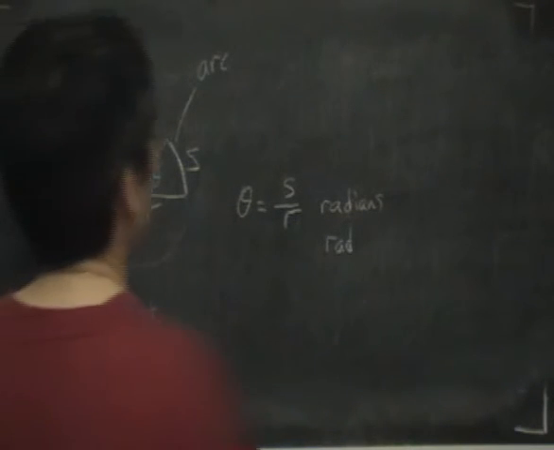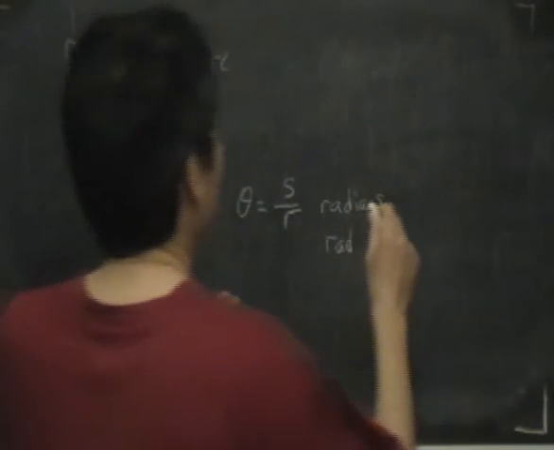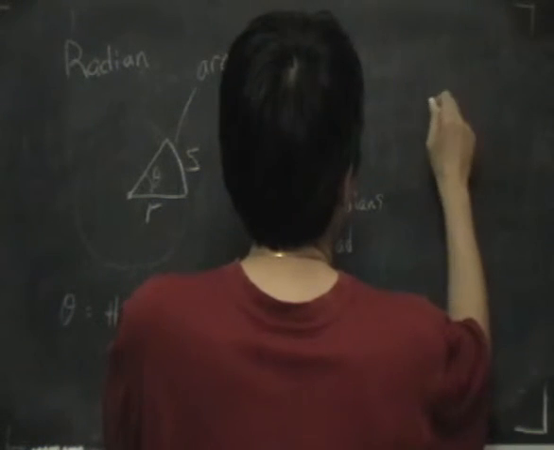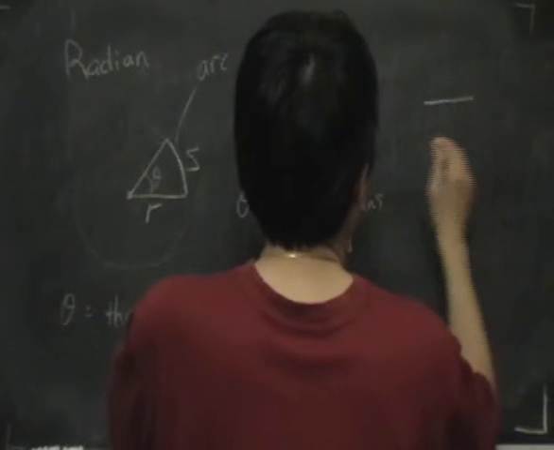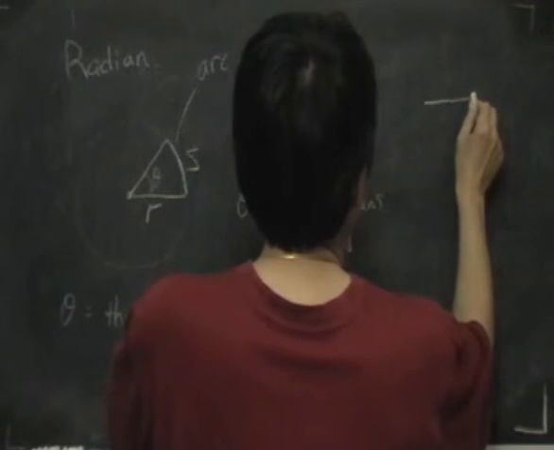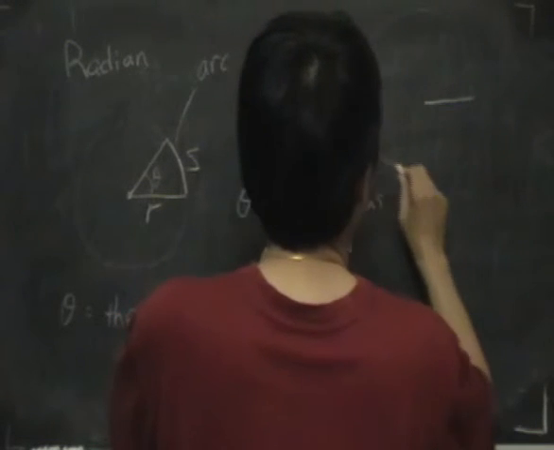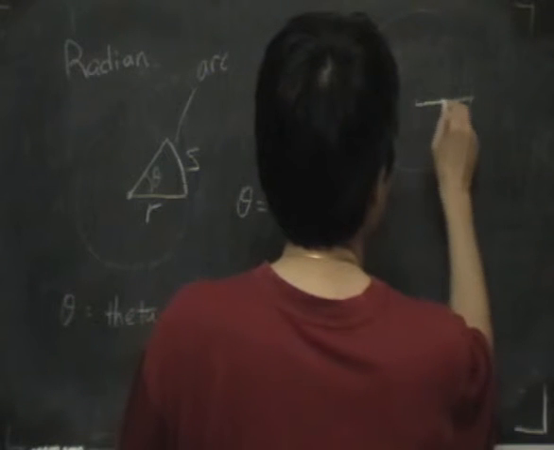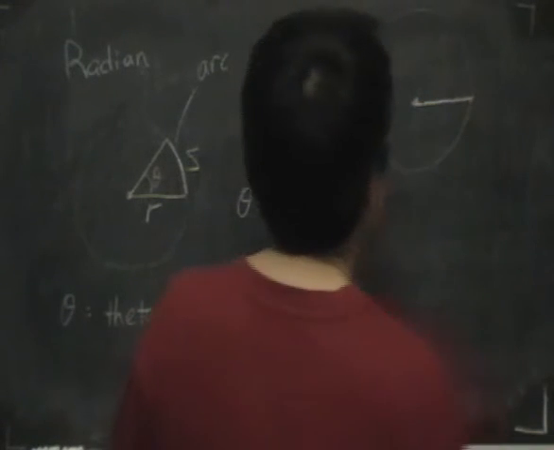Okay, so to understand that, let me draw the angle for one revolution. Let me draw the circle as well. If I have a circle, and this is the line from the center of the circle to the edge.